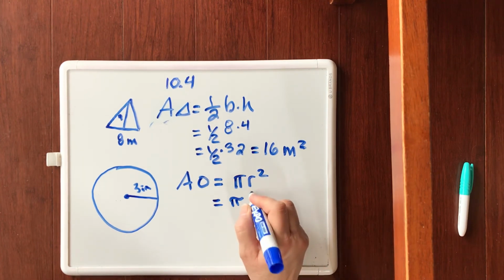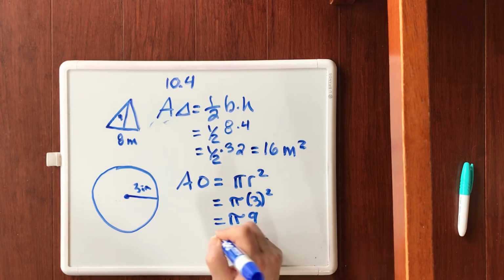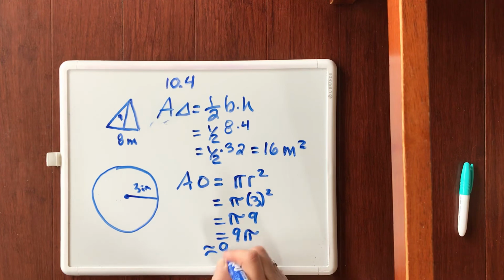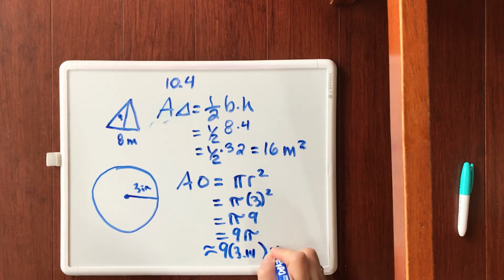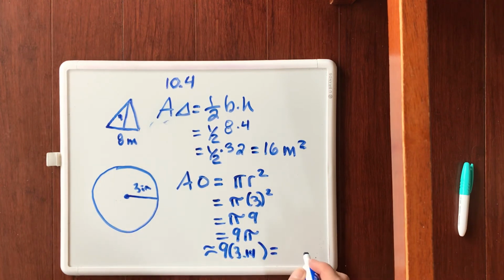That's pi times 3 squared, which is pi times 9. 9 pi, which we can approximate to 9 times 3.14. And you can put that in your calculator. And what that answer is, we have to remember the units. We want to know how many squares fit in that circle. So we're in inches, right? So we're going to end with inches squared.